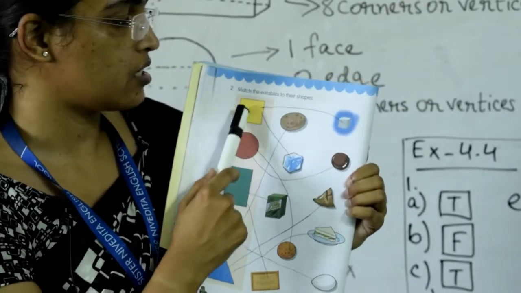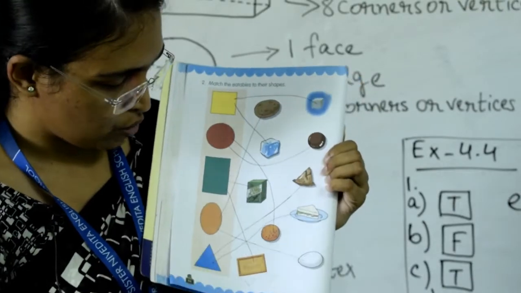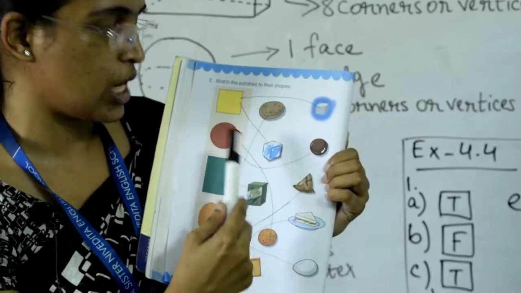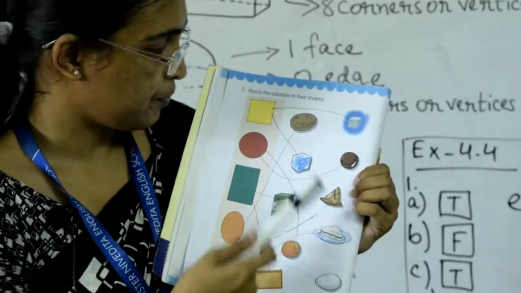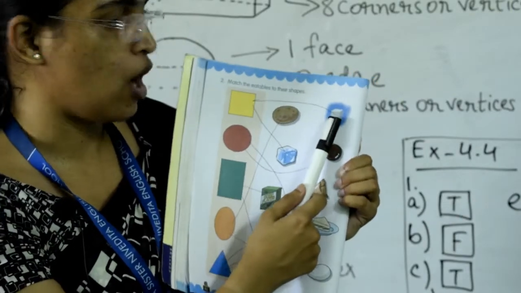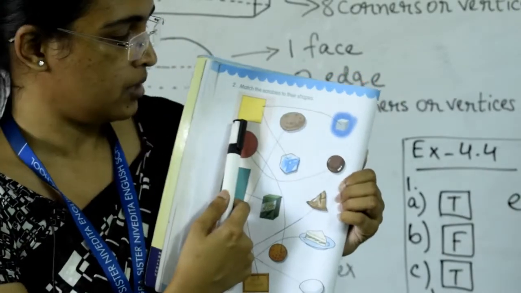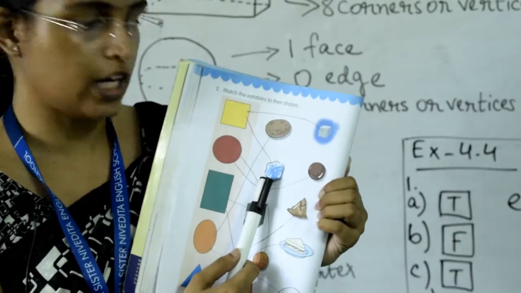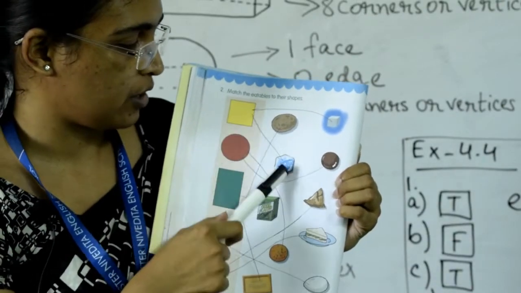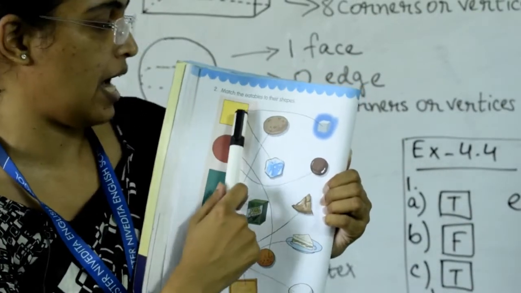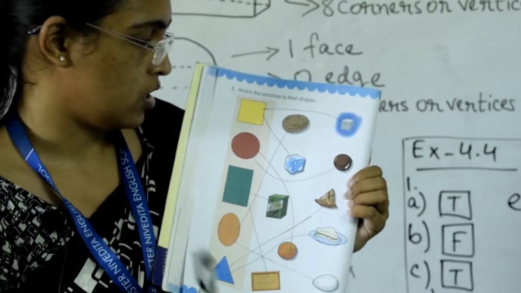Like what is this? This is a square. Now we have to find out what are the eatable things which have square shape. Now look, this box has square shape and this ice cube also has square shape, so you have to draw a line from here to this ice cube and from square to this box.